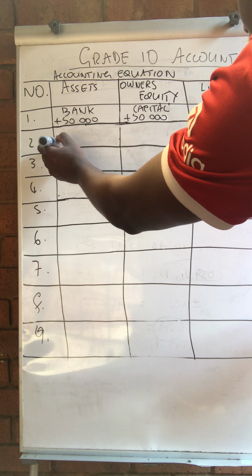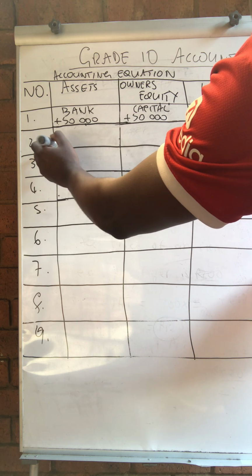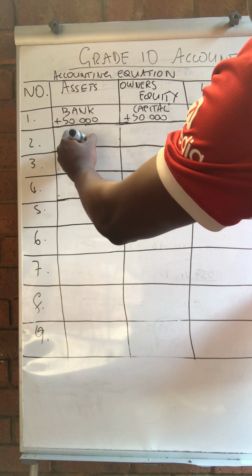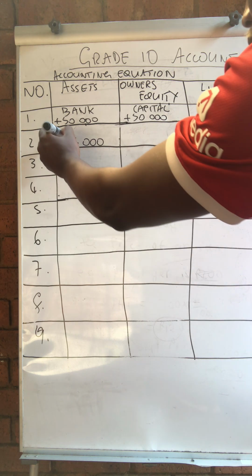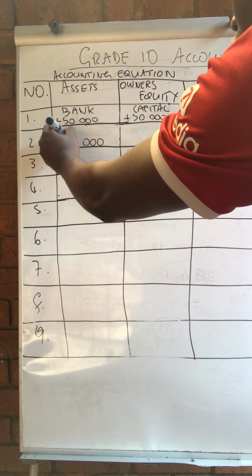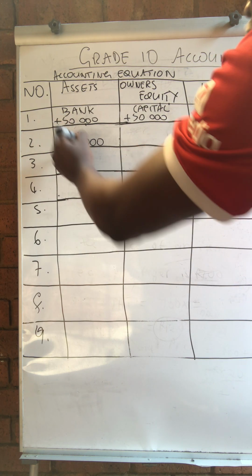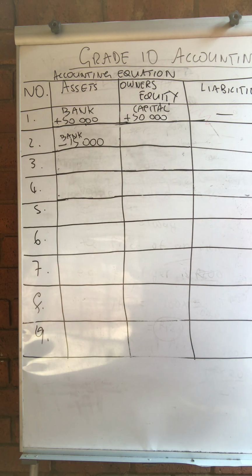So you come here, you say minus 15,000 rands. Why is this money subtracted here? It is because our assets are decreasing. We took money out of our pocket to go and buy inventory, right? So the minus is for bank, right?